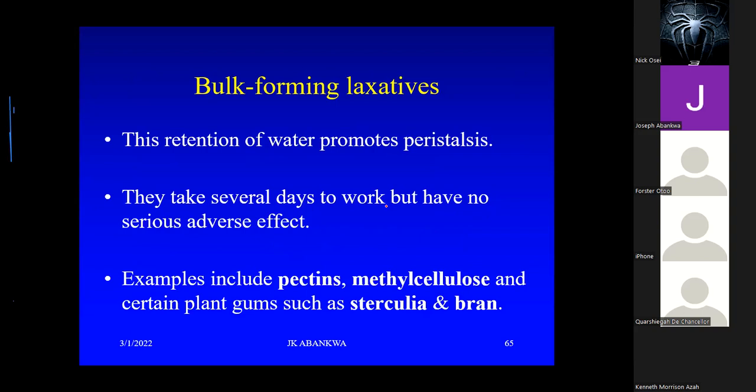You can bear with me if you know Max International, they employ that same mechanism with Meta Switch. If those who have joined Max International before, you know about the product called Meta Switch. They made it to help fat people reduce their weight, because as Meta Switch absorbs water in your stomach, it makes your stomach full and you feel you are not hungry, and therefore you are okay.